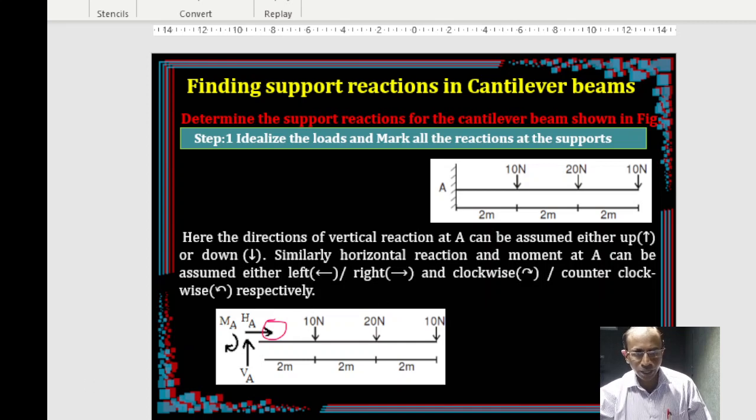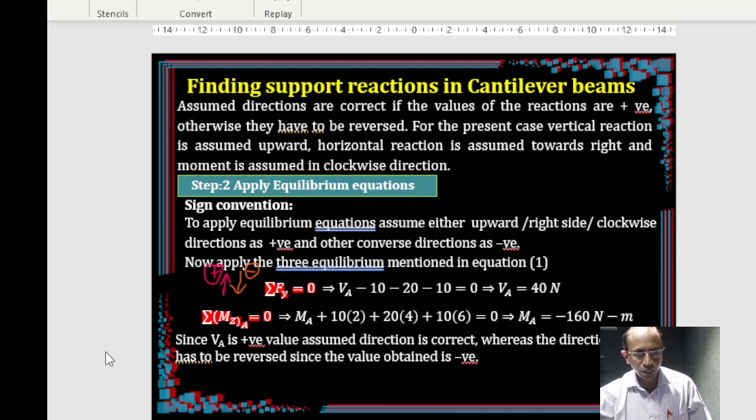For MA, you take a moment at the point A. Here also you should stand at the point A and look. What is the clockwise direction? Here also one direction you have to take positive and the other direction negative. As I told you, which direction you take positive doesn't matter, because of the equal to 0, ultimately your solution will not vary.